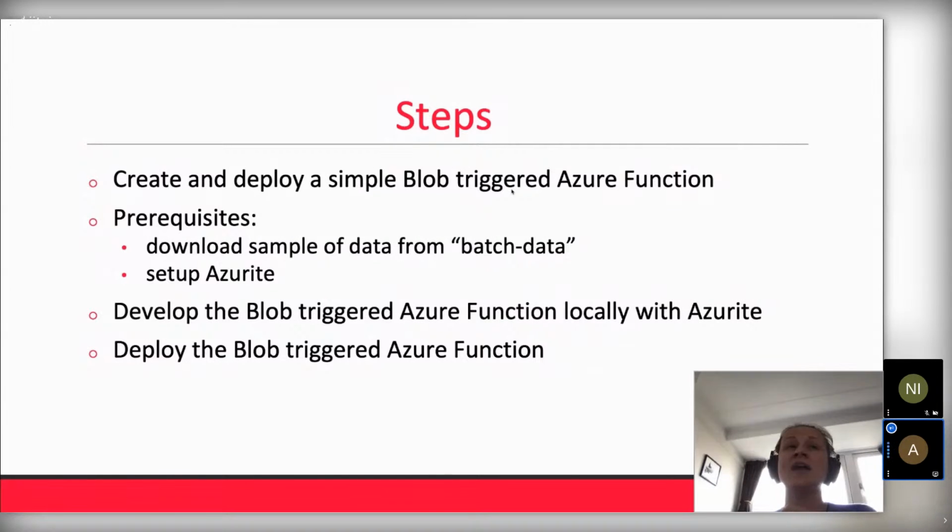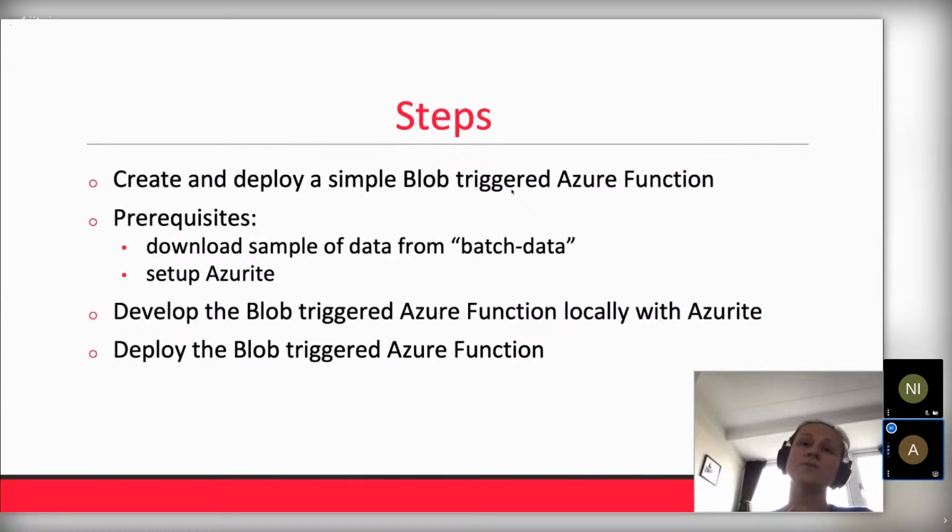And if your end product, for example, is a dashboard, then you make sure that your dashboard will be updated as soon as new data points are landed. So it's really nice. And what we're going to do today, we start with just a simple standard template for blob-trigger functions. Then we do some small things to make sure that we have everything to run it locally as well.